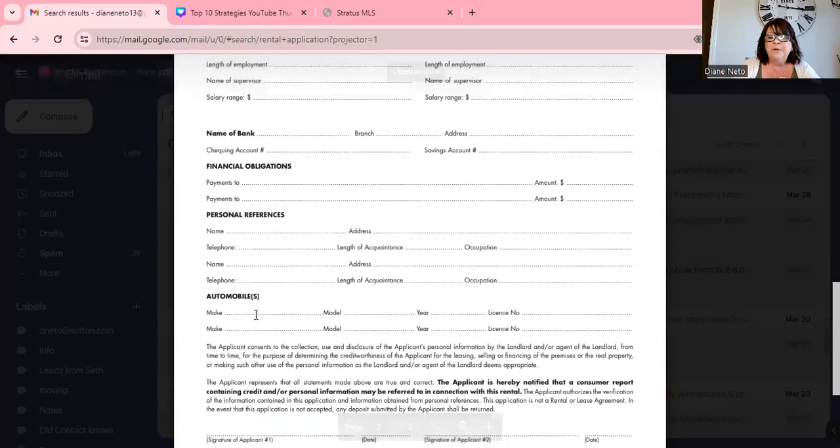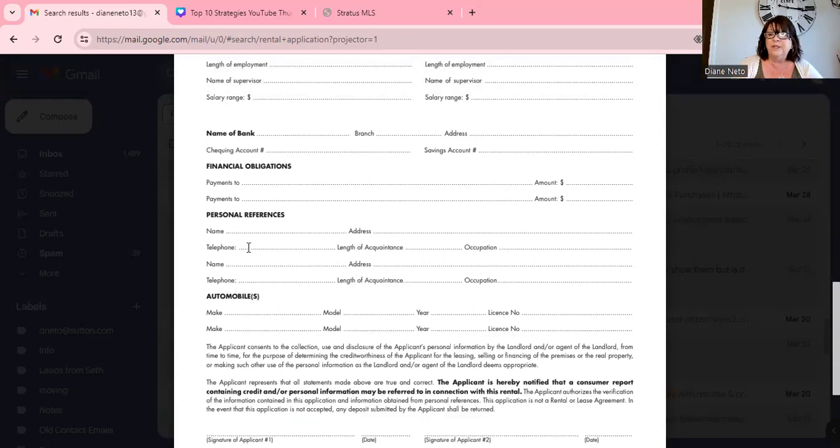Then you can put the make and the model of your automobile, so if you actually get the property, they know which vehicles you own. Say it was a little wee driveway and you own this giant truck, and they're like, well, it won't even fit in here. It also shows how many vehicles you're going to need parking for. Here's the personal references.